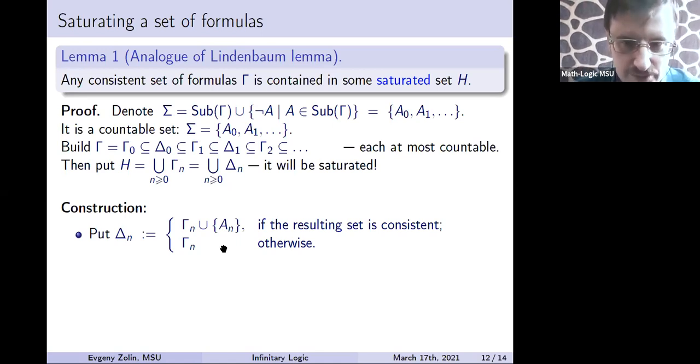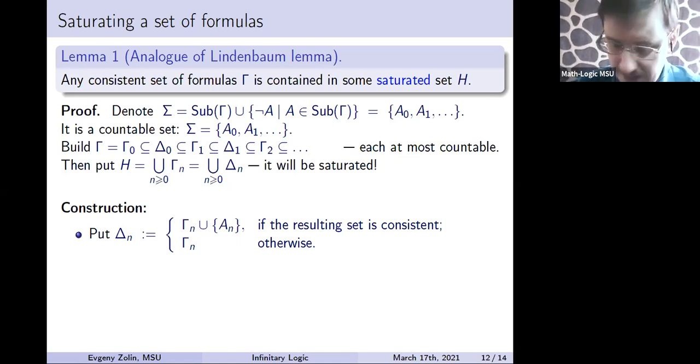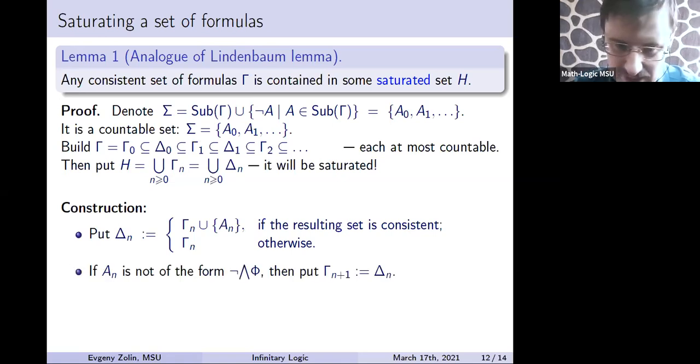And now we need to make a trick for these negated conjunctions, because otherwise we can easily obtain an inconsistent set, which is not what we want. Next, from delta n to gamma n plus 1. If this formula an is not of the form negation conjunction phi, then we do nothing.